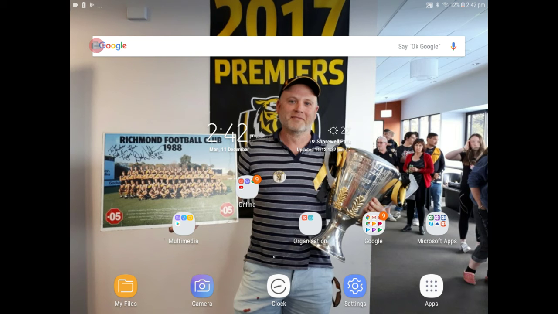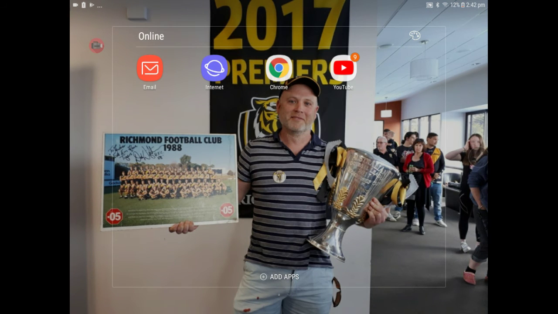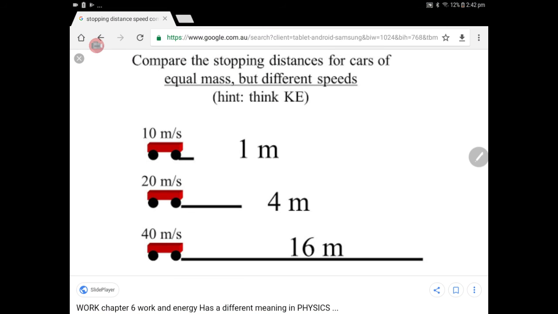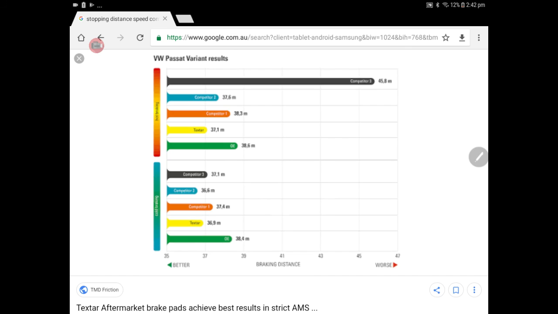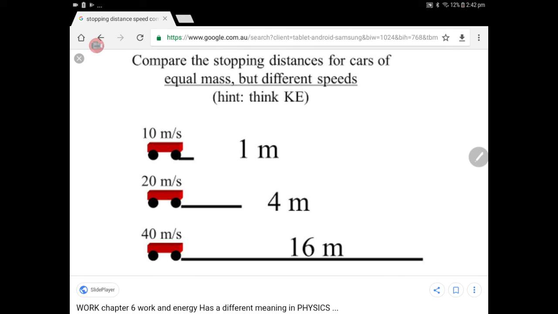Let me show you this visual here. Okay, so stopping distances for cars. Now, if a car with the same mass, these cars have the same mass. Now, if it's going at 10 metres per second, it'll stop in 1 metre.